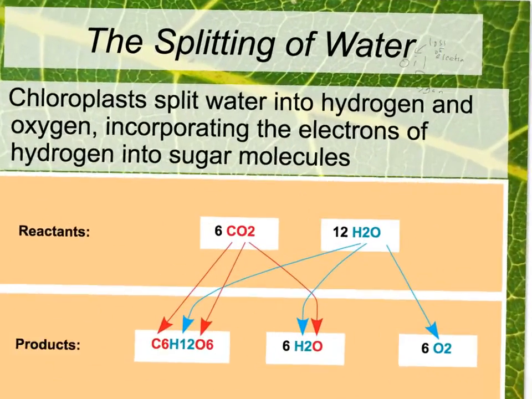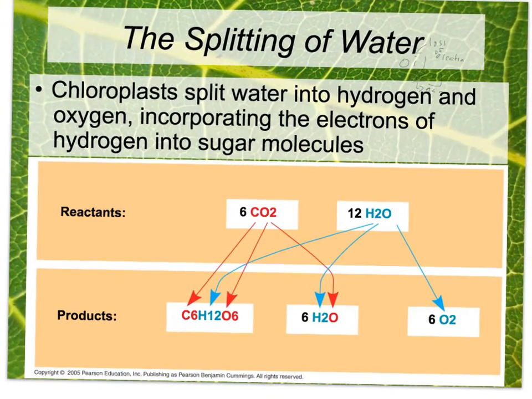So when we compare this diagram of your reactants to our products, notice it's actually the splitting of water that's going on here. Notice that the carbon dioxide, as it converts to water, is actually being reduced.